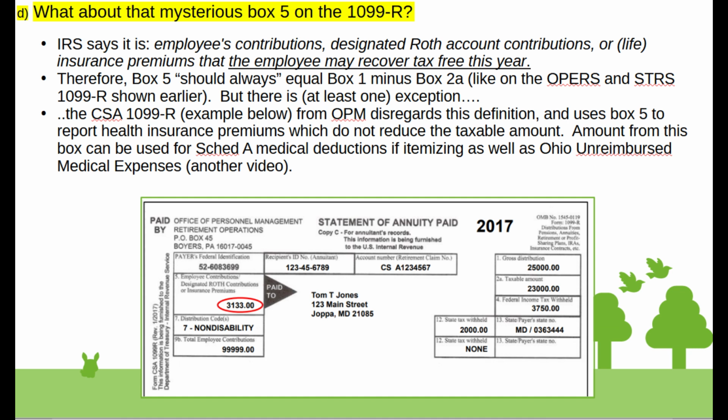And you can see that's the case in this example below, because the amount in box 5 does not equal the difference between box 1 and box 2A. So amounts in box 5 on CSA 1099-Rs can be used for Schedule A medical deductions, itemizing, as well as the Ohio unreimbursed medical expenses, which we will be covering in another video. If you were entering this 1099-R in TaxSlayer, you would basically key it like you see it, enter all the boxes as shown.